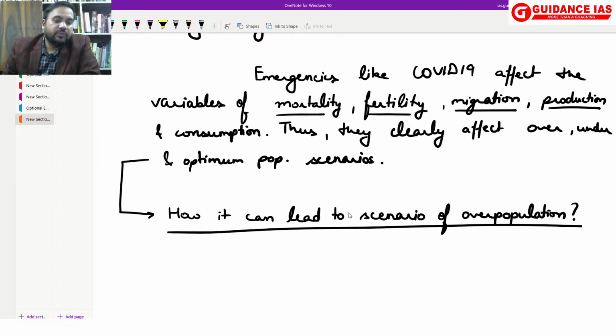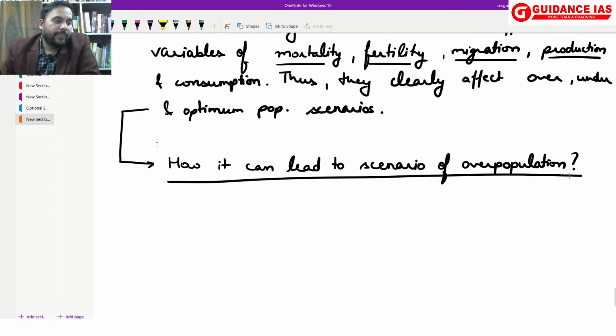How it can lead to scenarios of overpopulation. So tell me, can I say that whichever factor is the most important, you write that factor first.